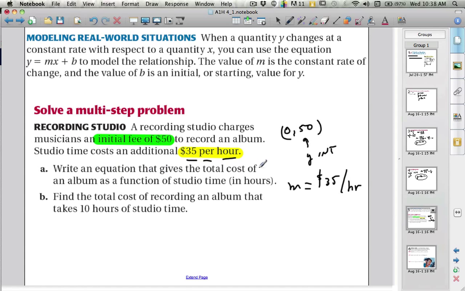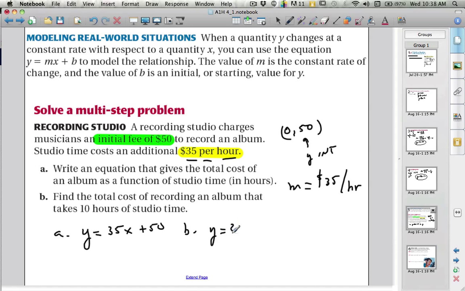Write an equation that gives the total cost of an album as a function of studio time in hours. So y is equal to my slope, which is $35 per hour, times x, plus the $50 to simply set up the studio, that initial fee of $50. And part B, what is it going to cost if I take 10 hours of studio time?